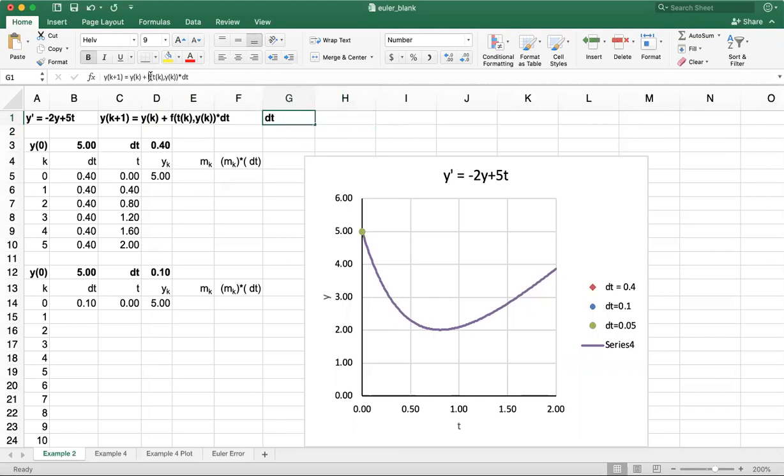Here, f of t k, y k is the right-hand side of the differential equation. So the right-hand side is negative 2 times y of k plus 5 times t of k.